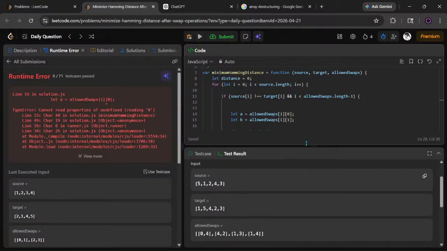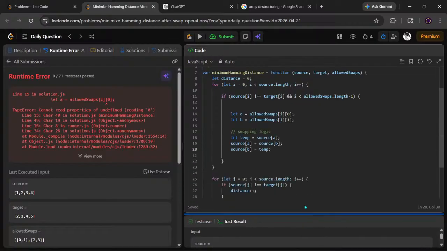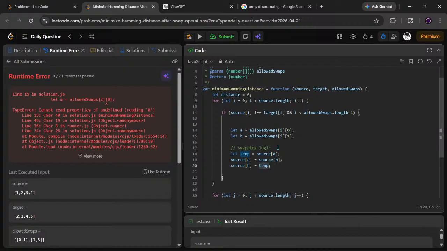So how can we find why my swapping is not working? Since we are only swapping the source of A and B, then it should be working, so why is it not?